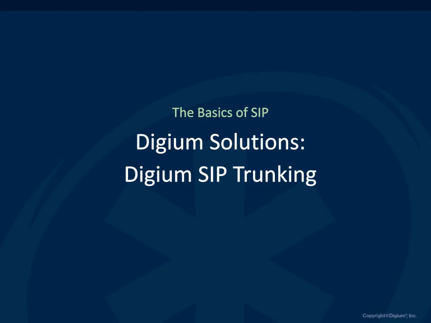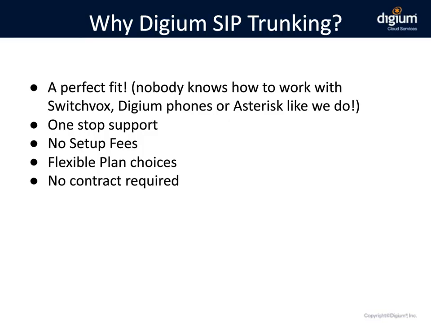All right. Now that we've talked about the basics of SIP trunking and some of the things that you need to look for, let's talk about Digium solutions and what kind of things we offer. We have SIP trunking here at Digium. Digium Cloud Services was created a few years ago, and we have Digium SIP Trunking Services. It's a perfect fit, especially if you have a Switchvox system or an Asterisk system, because we developed SIP trunking to work primarily with those two things.